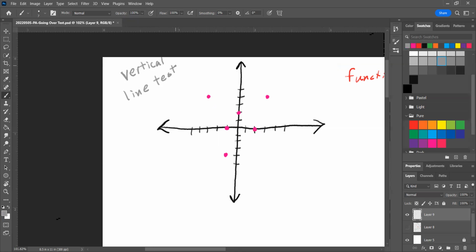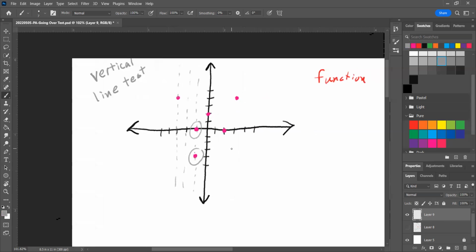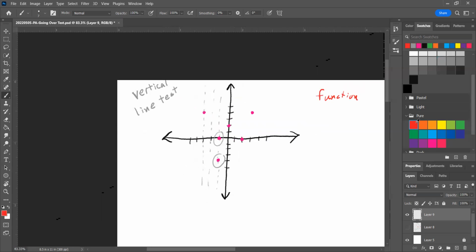So I'm going to do my best to draw it since we're recording. If you draw a vertical line, you can do it with your ruler or a pencil and just pass it over. And if at any point along the graph it touches more than one place, like right here and right here, then it's not a function. So this is not a function.